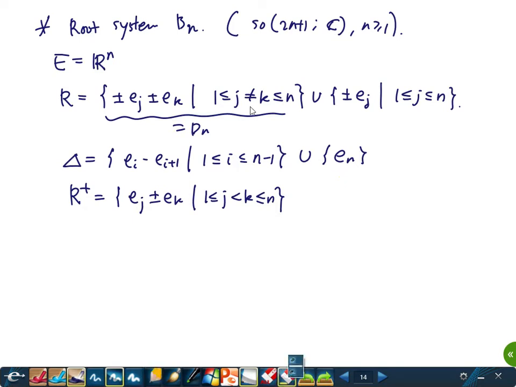I think it's not necessary to include the minus ones, because we have plus or minus already; if you include that, you only have more vectors, which is not very efficient.